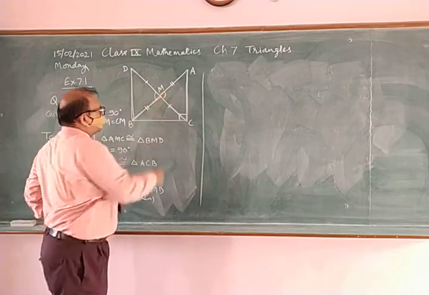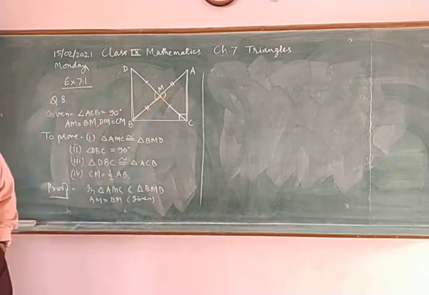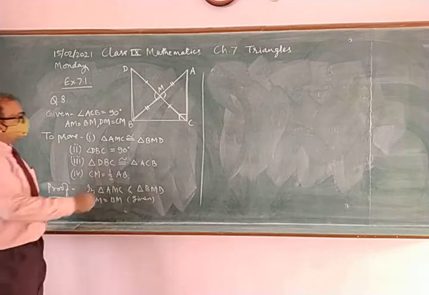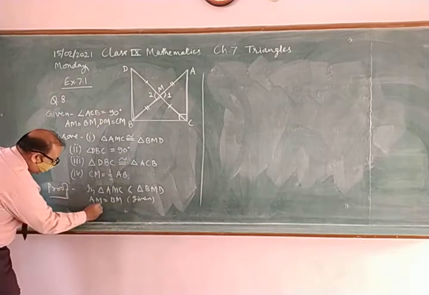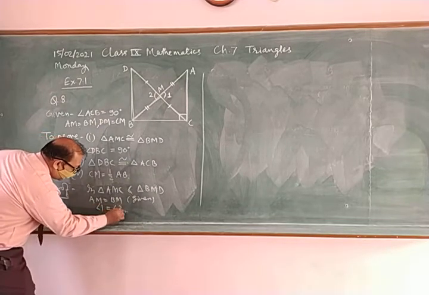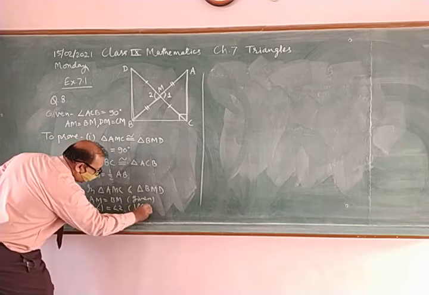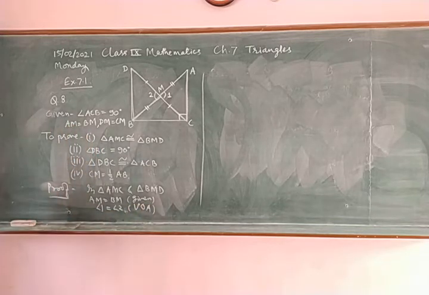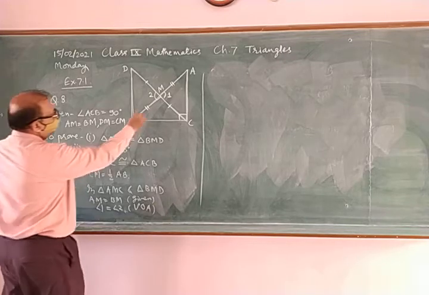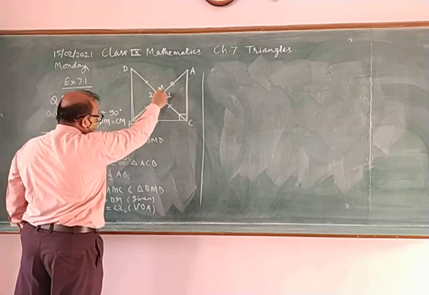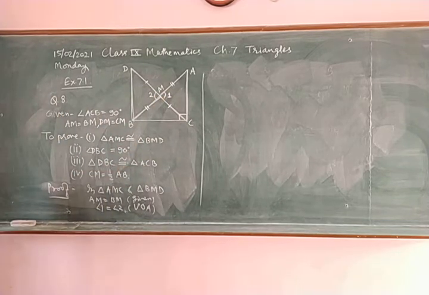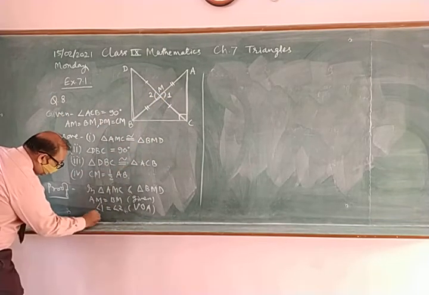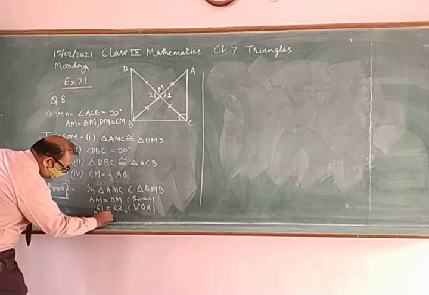Now look here. These two angles are vertically opposite, so angle 1 is equal to angle 2, vertically opposite angles. Then the third thing: CM is equal to DM.